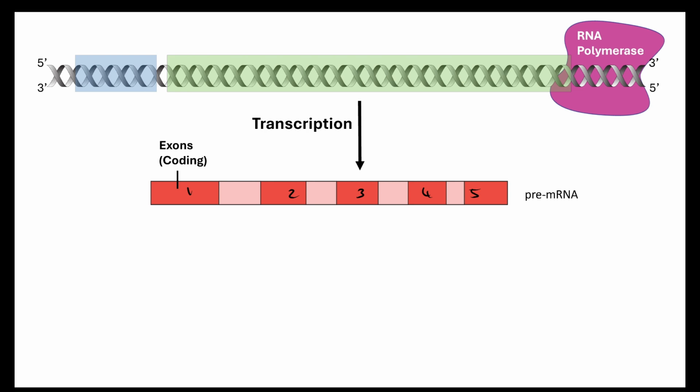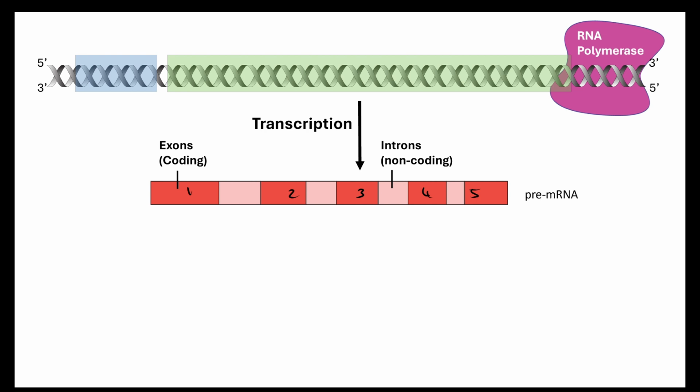Those coding regions will result in the translation of a polypeptide. The other sections, these lighter pink sections, are known as introns. They are non-coding regions. So introns do not get translated. They do, however, get transcribed. So a gene is made up of both these coding and non-coding regions. The coding is known as exons, the non-coding is known as introns.